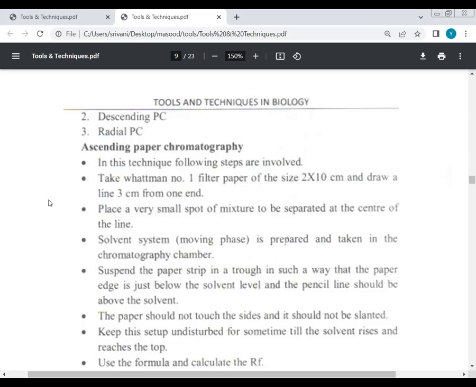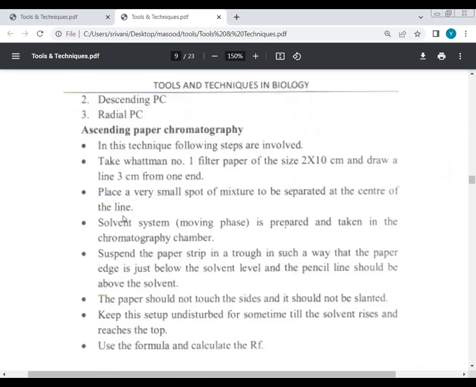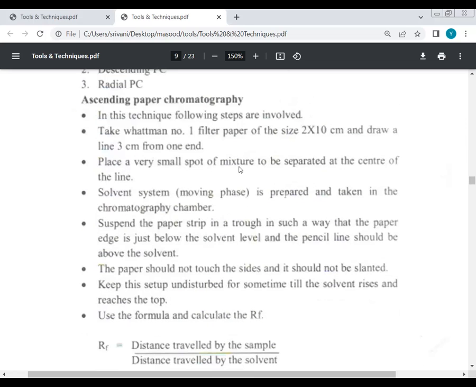Okay, and draw a line about 3 centimeters from one end. From one end you can take 3 centimeters, according to how much of the substance is spread onto the filter paper. Next, place a very small spot of the mixture to be separated at the center of the line. The solvent system, the moving phase, is prepared and taken in the chromatography chamber.